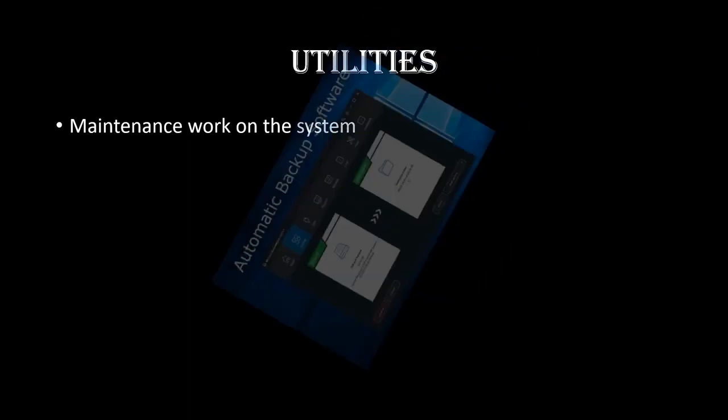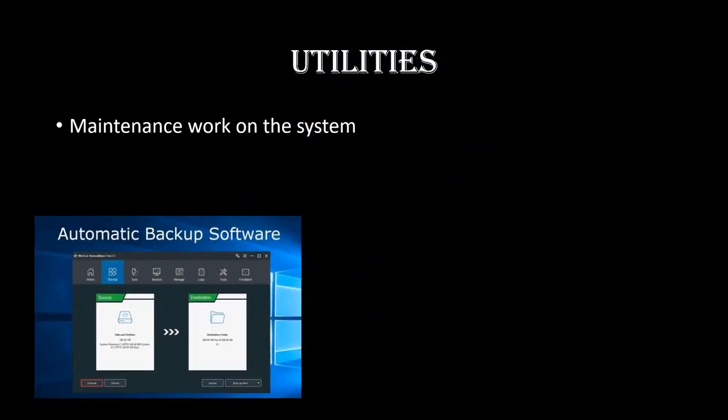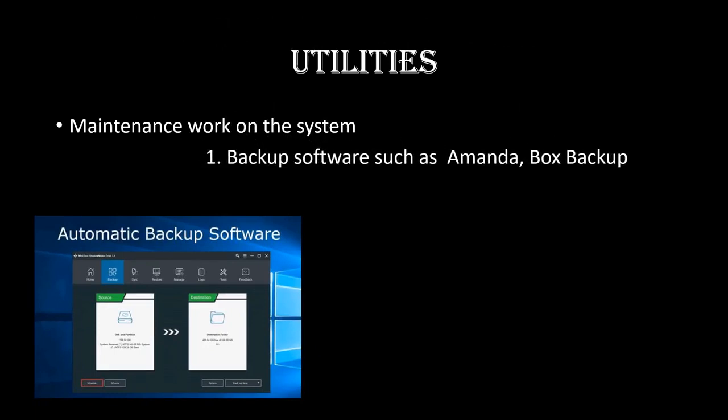Then let's see the utilities. A utility is a program designed to maintain the system or the system components. It includes the following. For example, backup software such as Amanda or Box Backup.